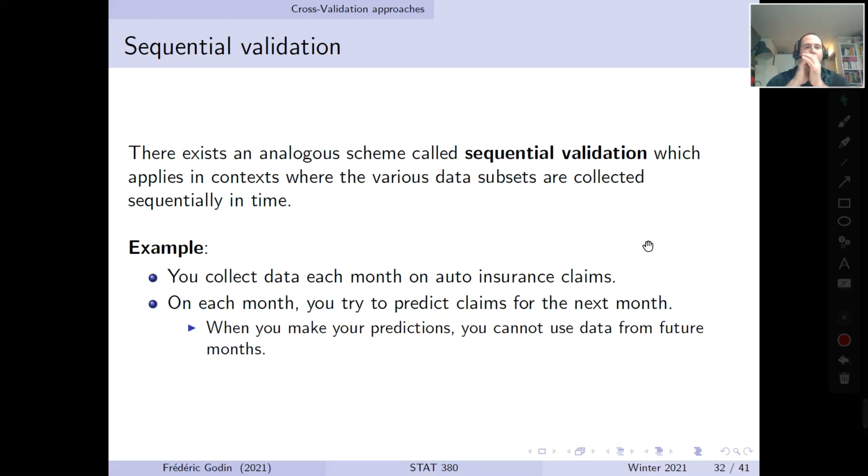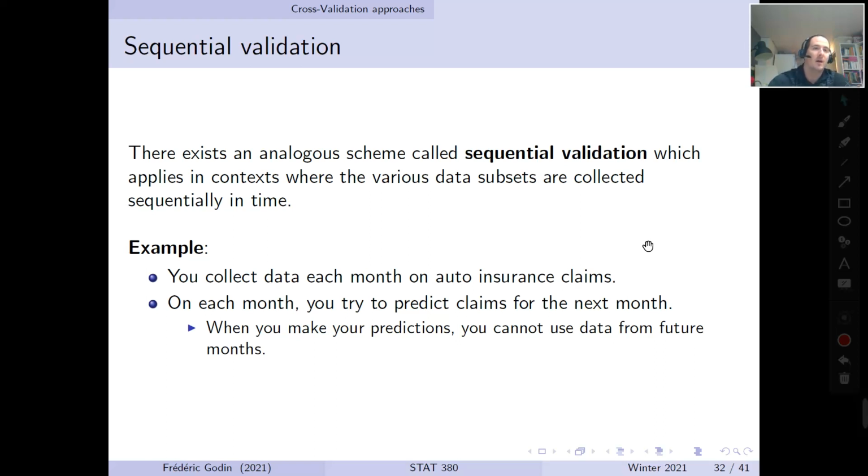Okay, so we've talked about cross-validation. We illustrated K-fold cross-validation, and we're now going to discuss an analogous scheme called sequential validation. This typically applies in a context where you have various data subsets, but there's a time order in these subsets. Each of these subsets would correspond to a time.